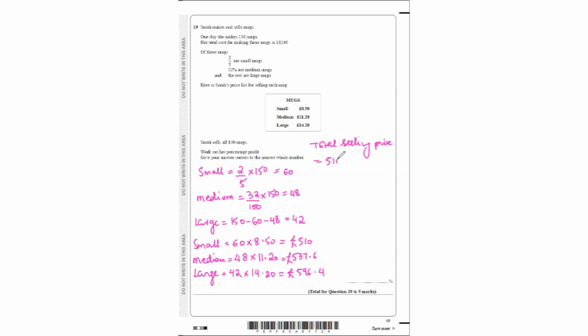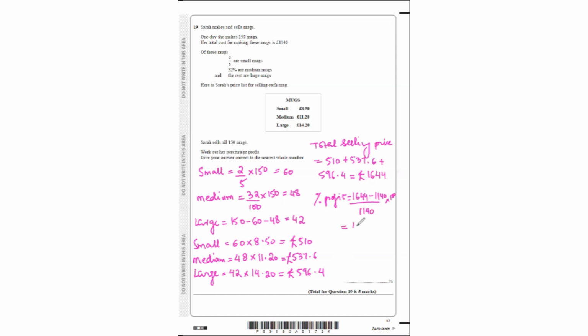So 510 plus 537.6 and plus 596.4, which adds up to 1,644 pounds. So percentage profit is 1,644 minus 1,140 divided by 1,140 and times it by 100.